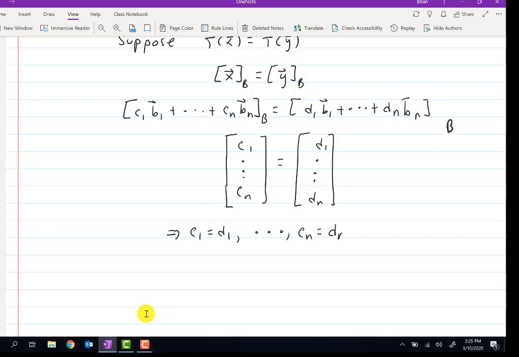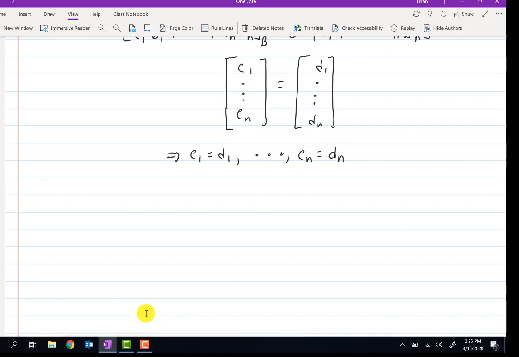Well, I think you could see that c1 b1 plus up to cn bn equals d1 b1 plus up to dn bn.